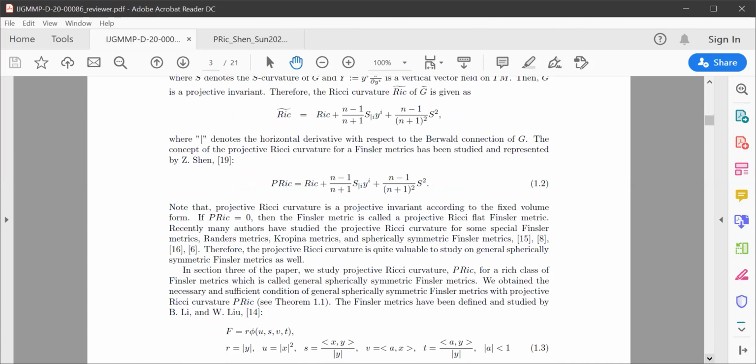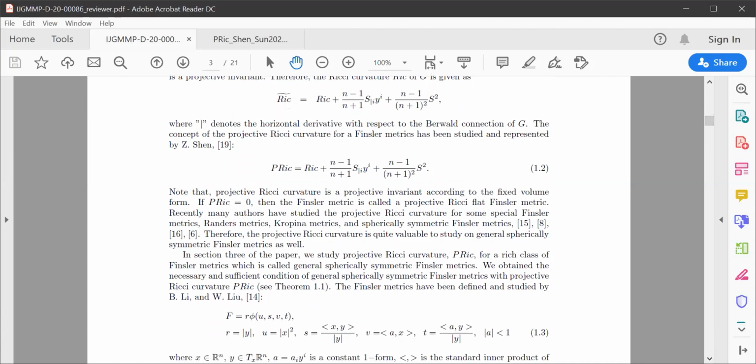After that, I think the first person after we did the paper, we have a paper on the Ricci curvature. Then actually we tried to construct the Ricci-flat matrix.